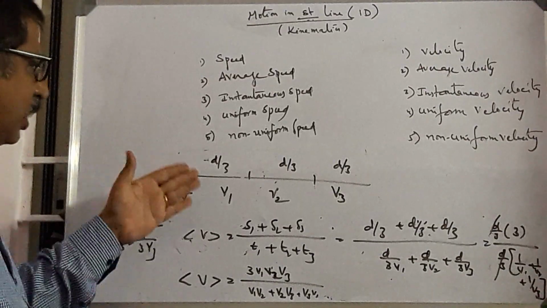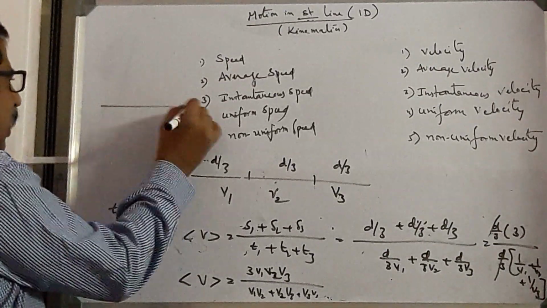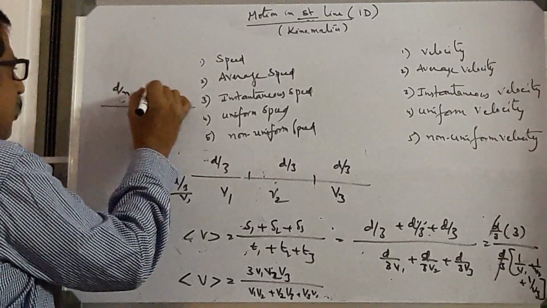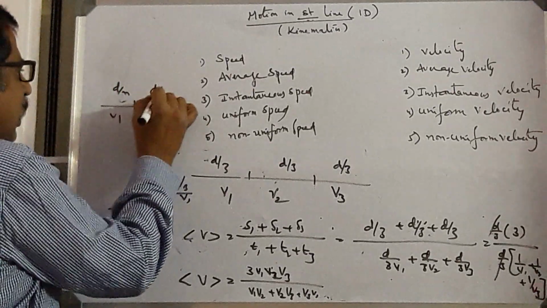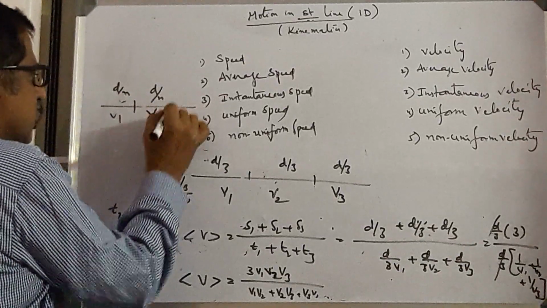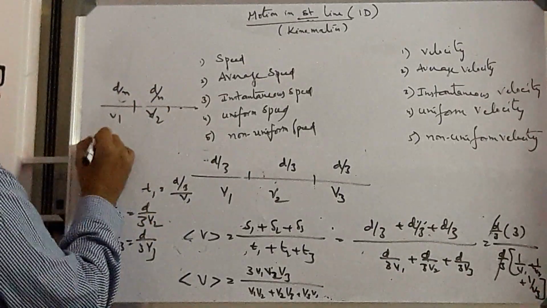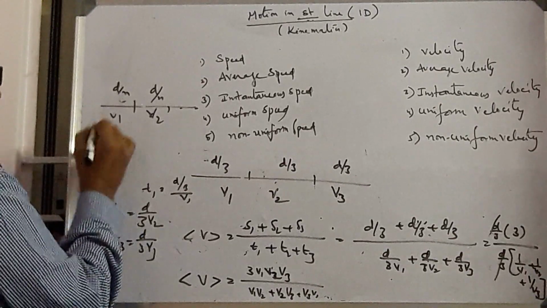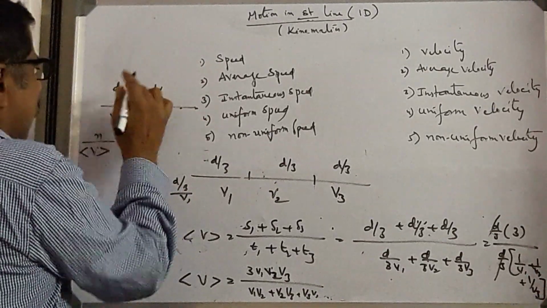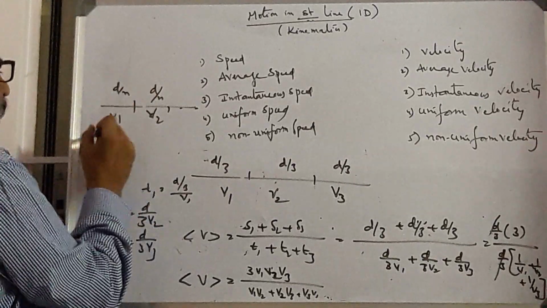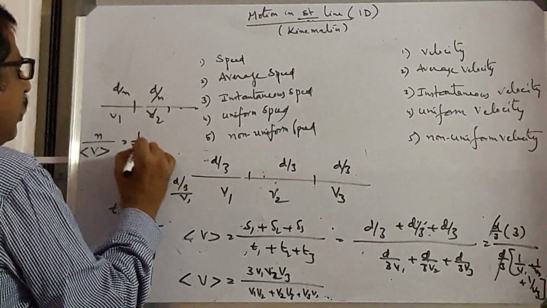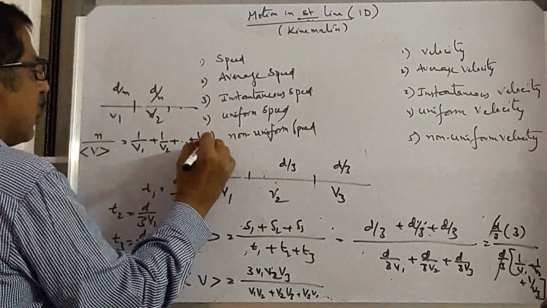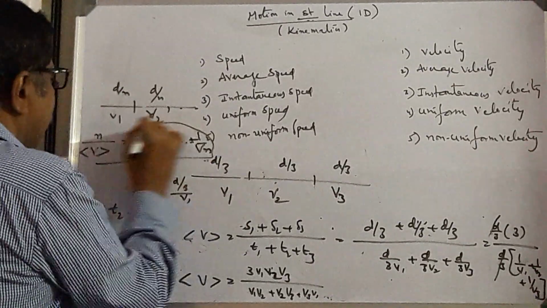If a body travels 1 by nth of the total distance with speed v1, the next 1 by nth of the distance with v2, and so on, then this becomes the general formula. V average equals n, where n is the number of parts, divided by 1 by v1 plus 1 by v2 plus so on plus 1 by vn. This is the general formula.